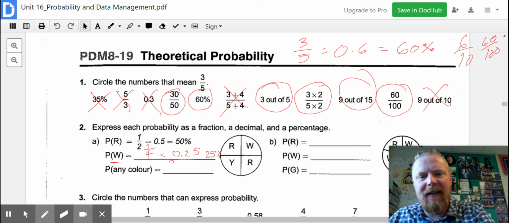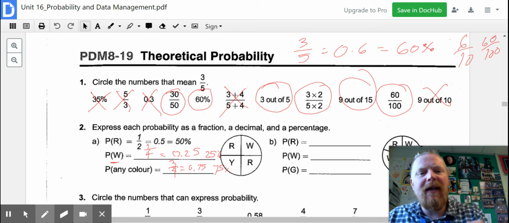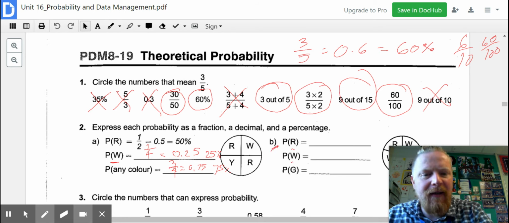Probability, we're going to say that they mean red or yellow. So 3 out of 4, which is 0.75, which is 75%. We're going to think that they didn't mean white as a color. So go ahead and do B, probability of red, probability of white, probability of green, using this little thing here.